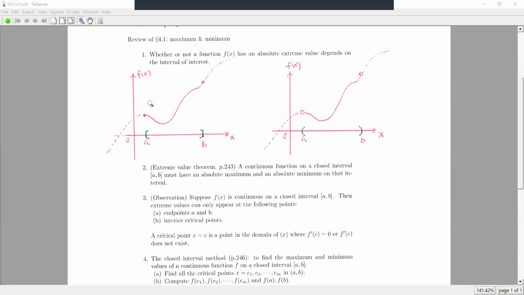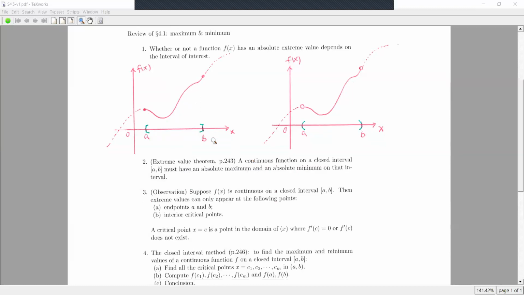Exactly this case: the graph is continuous and the interval is closed. Then it is guaranteed that the function has a maximum and a minimum over this interval.